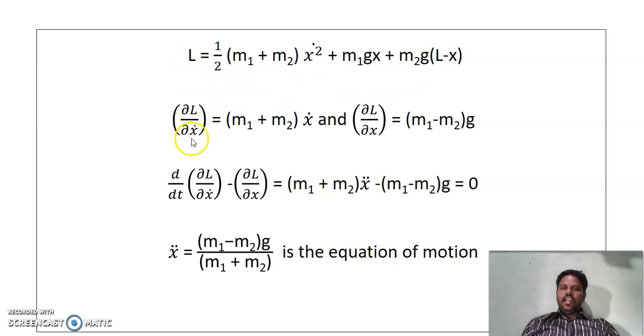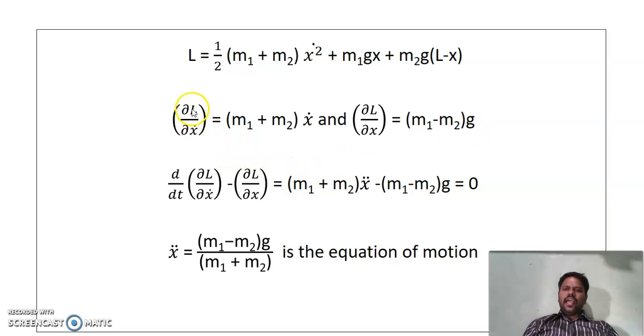Differentiating L with respect to x dot gives m1 plus m2 into x dot, and differentiating L with respect to x reduces to m1 minus m2 into g.